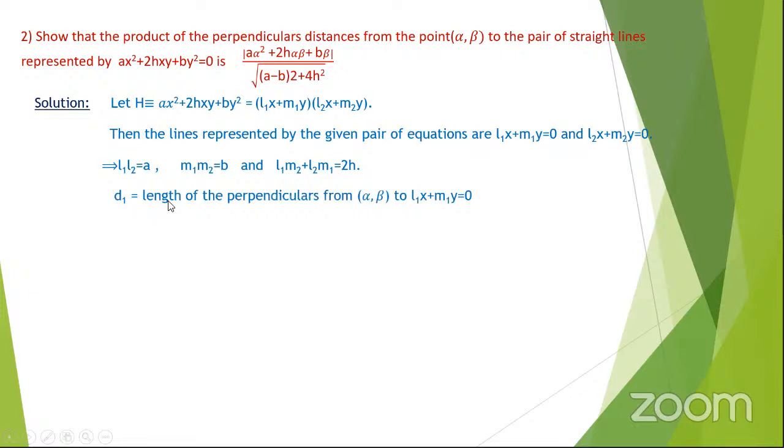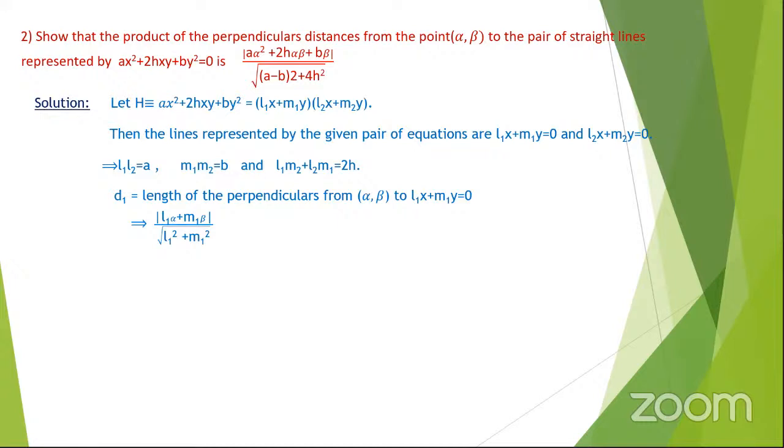Here, D1 is nothing but the length of the perpendicular from the point (alpha, beta) to the line L1x plus M1y is equal to 0. We know that the length of the perpendicular to a line is given by (ax1 plus by1) by under root of a square plus b square.